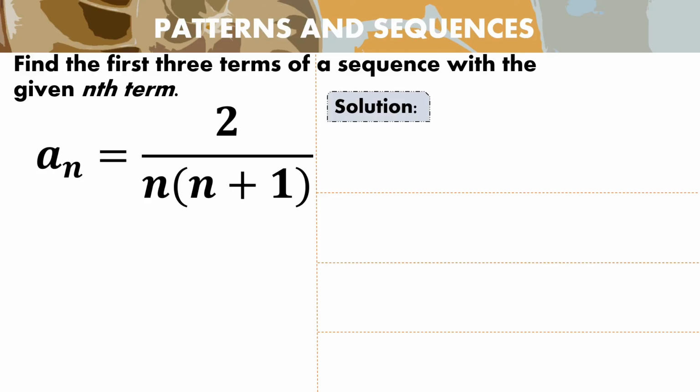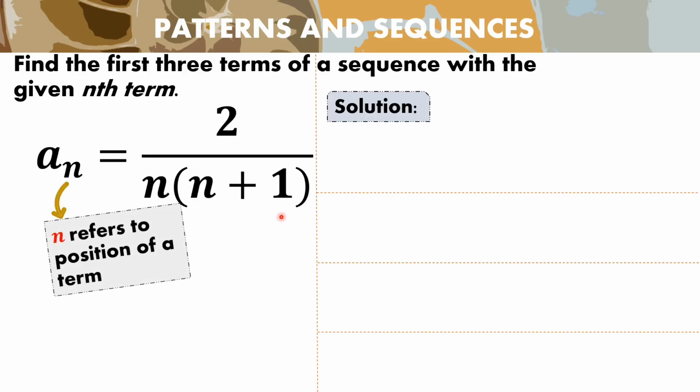Last example, find the first three terms of a sequence with the given nth term. A sub n equals 2 all over n quantity n plus 1. N is the position of a term. We are going to look for the first three terms. That is a sub 1, a sub 2, a sub 3.